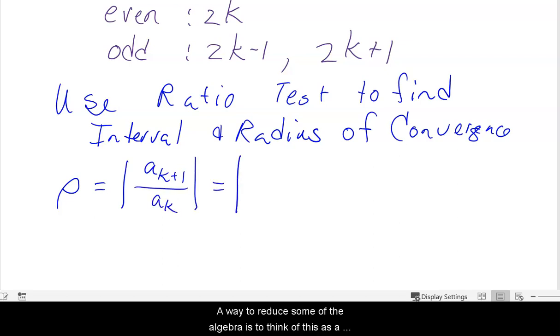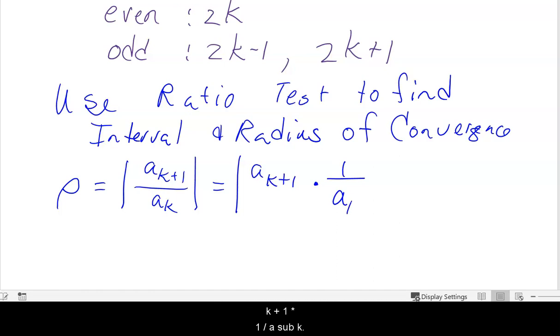A way to reduce some of the algebra is to think of this as a sub k plus 1 times 1 over a sub k, where you take the reciprocal of a sub k and multiply by it. Remember that this is actually the Greek letter rho, and we need this to be either 0 or less than 1 to get it to converge.